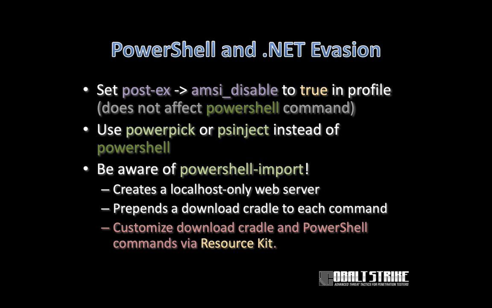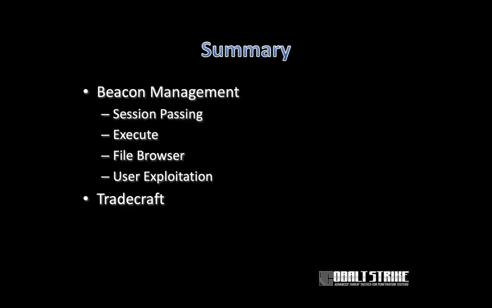And that download cradle is something like New-Object Net.WebClient DownloadString to get the script passed to Invoke-Expression, IEX. Be aware this is a detection opportunity. You can customize this process by changing the download cradle and the shape of the PowerShell commands with the resource kit. So just be aware of that with regards to PowerShell import.